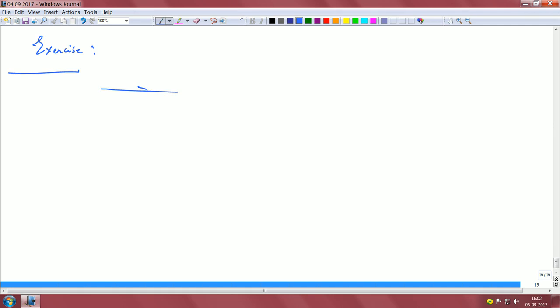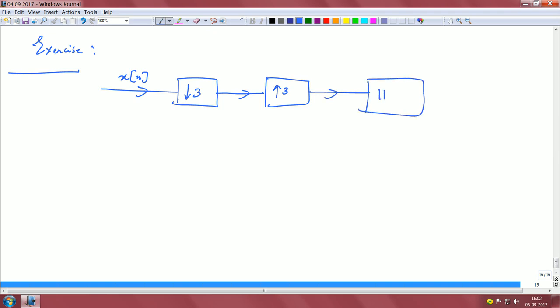Suppose I give you a discrete time signal x[n], I downsample this by a factor of 3, then I expand this by a factor of 3 followed by some filter H(z), I get a signal y[n].